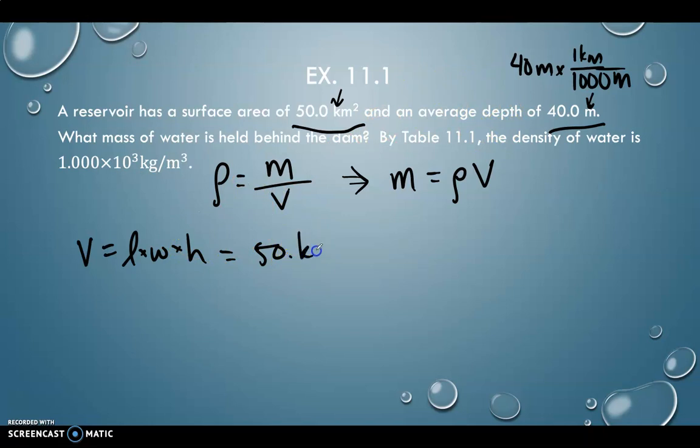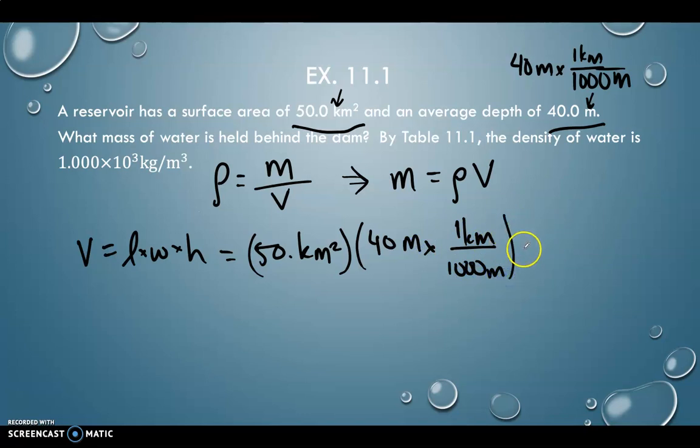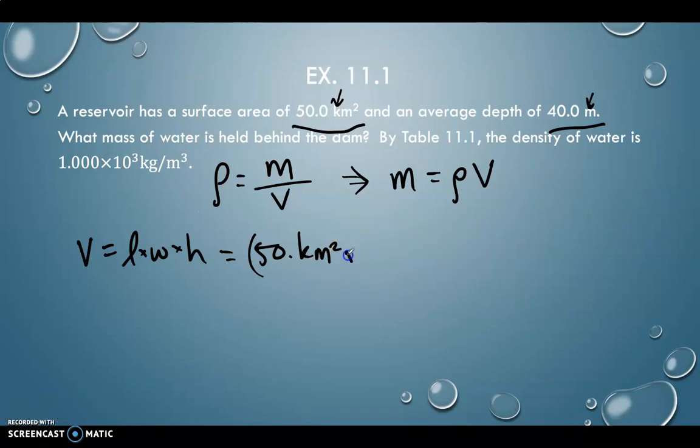So we have kilometers squared times 40 meters, but we need to convert the first one.